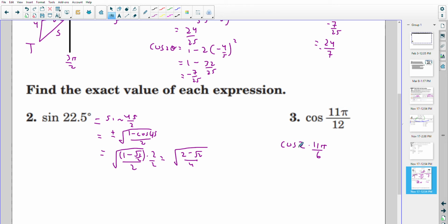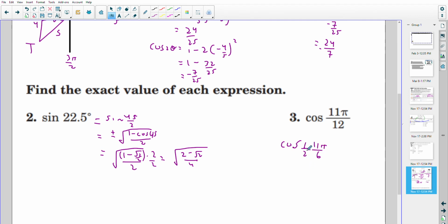Sorry, so it's not 2, it's 1/2. Going to make a couple changes here. And so now I'm going to rewrite this as the cosine of 1/2 times 11 pi over 6.